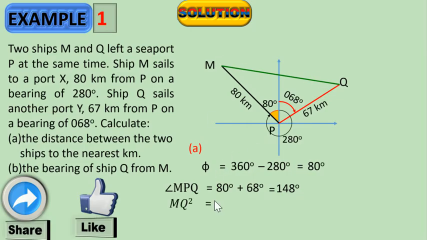MQ squared should then be equal to this side 80 squared plus the other side 67 squared, then minus 2 times the product of those two sides. What are those two sides? 80 and 67. Then you have 2 multiplied by 80 times 67, then cos 148. Remember, the 148 is the angle opposite the side we are looking for, MQ.